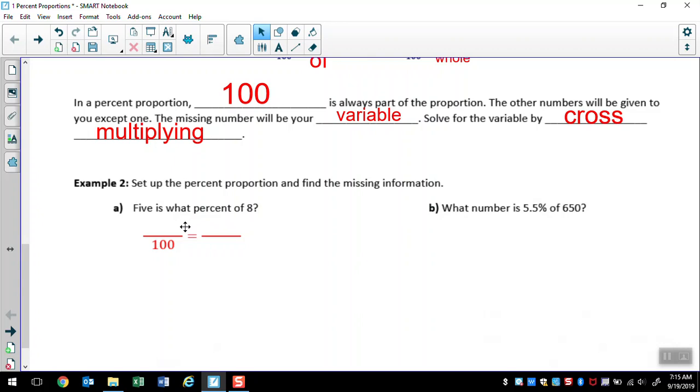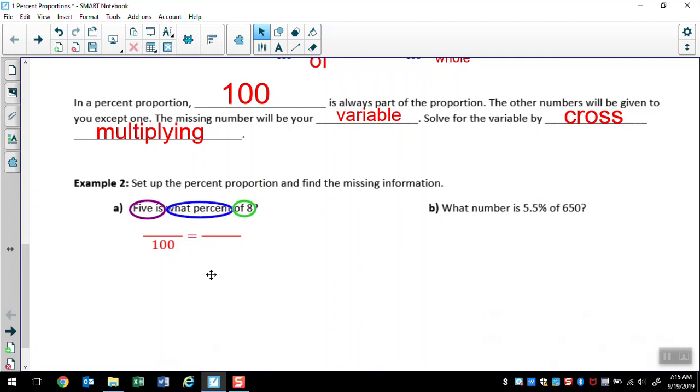All right, so I'm going to look for my is. 5 is. All right, so my is 5. All right, my of, so here's that word of 8. And so my of is 8. So they've given me a value for is, and they've given me a value for of. The one that's missing is that percent, because it says what percent.